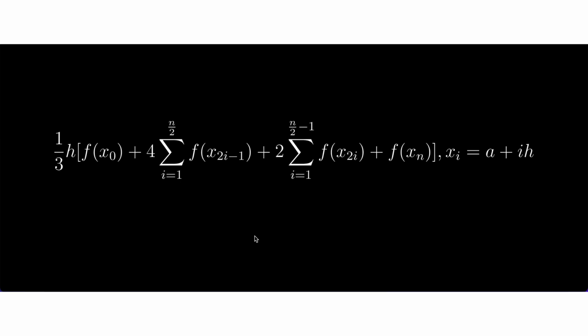Then, the area under the curve is approximately 1/3 h times f of x0, plus 4 times the sum, upper bound n over 2, index i equals 1, f of x sub 2i minus 1, plus 2 times the sum, upper bound n over 2 minus 1, index i equals 1, f of x sub 2i, plus f of x n, where x sub i equals a plus ih.